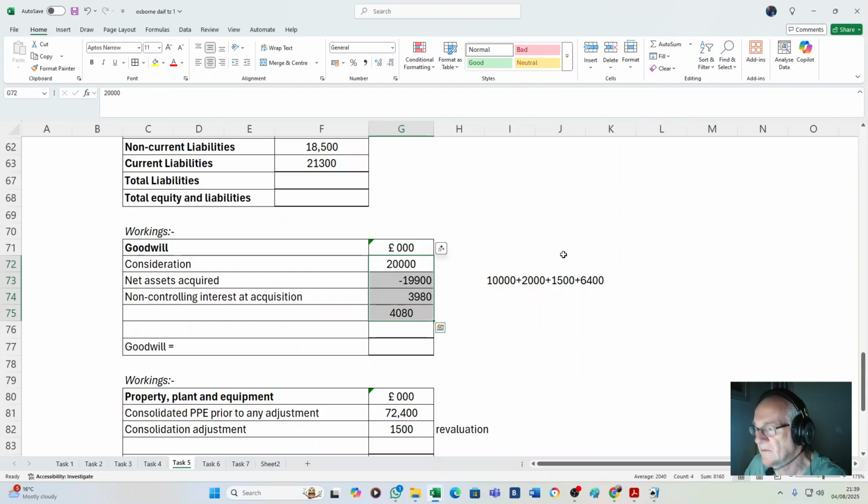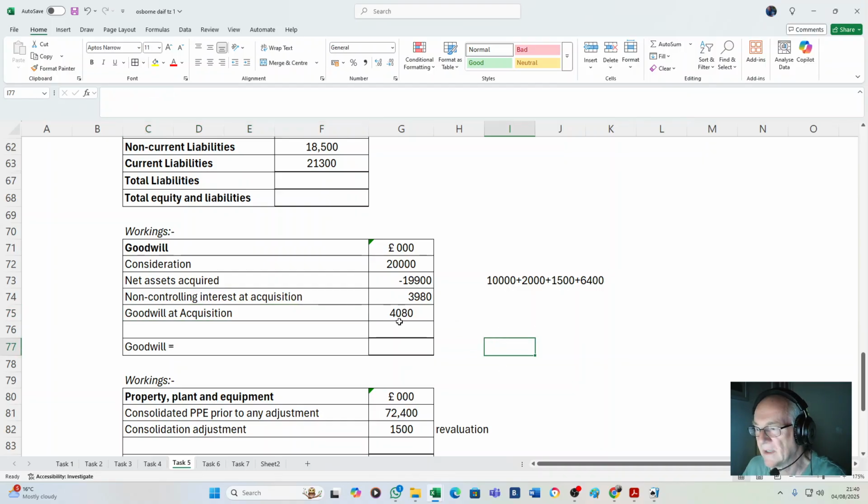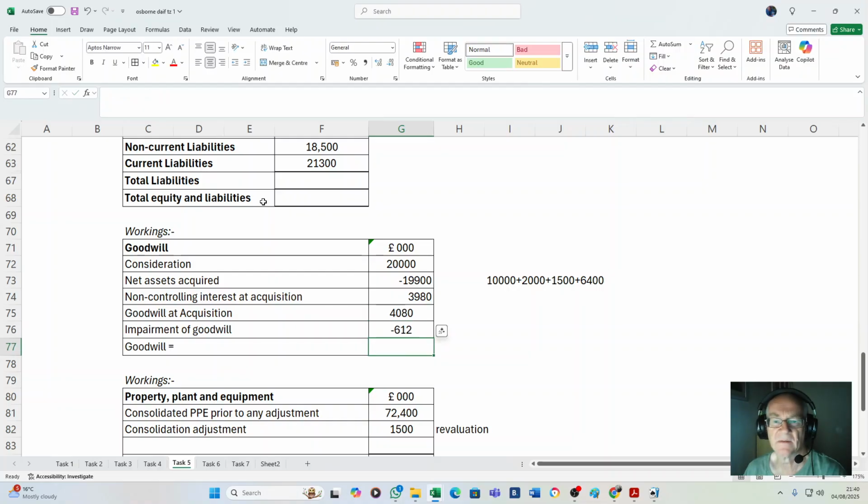If we subtotal that one, we have got goodwill at acquisition 4,080, and then we need to impair it and it's 15%. $612.